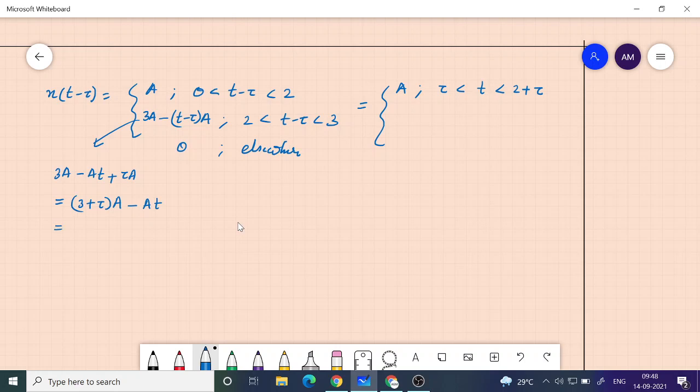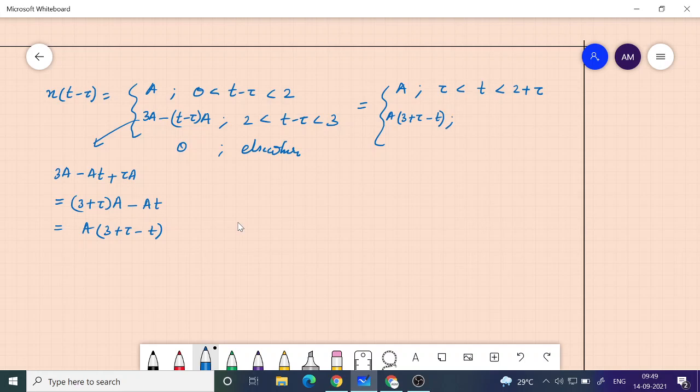Or you can even say that it is a into 3 plus tau minus t. 3a, then minus at, plus minus minus plus, so that is a tau. So a is there in the whole term, you can just take it common, and then 3 plus tau minus t. So a into 3 plus tau minus t.